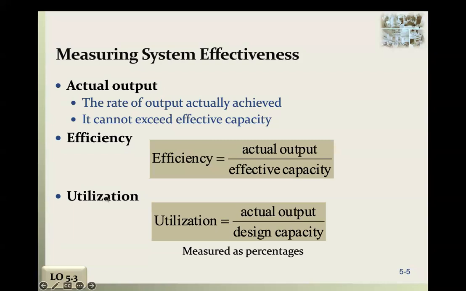Then there is utilization, which means actual output divided by design capacity. So maybe you can say that possibly a car wash has been designed to wash 20 cars per hour. It was designed with that purpose.